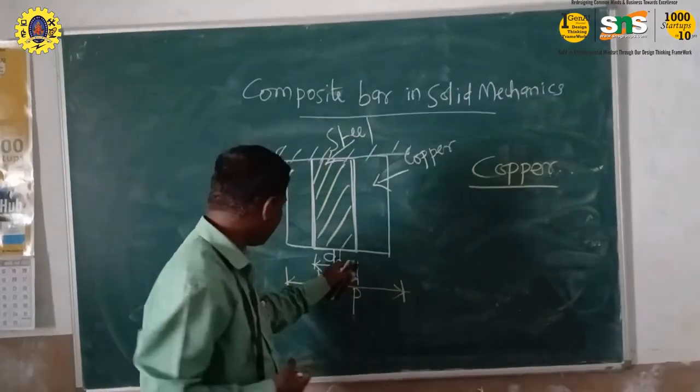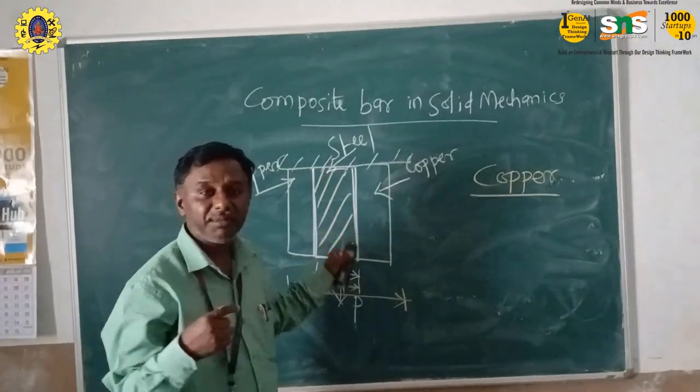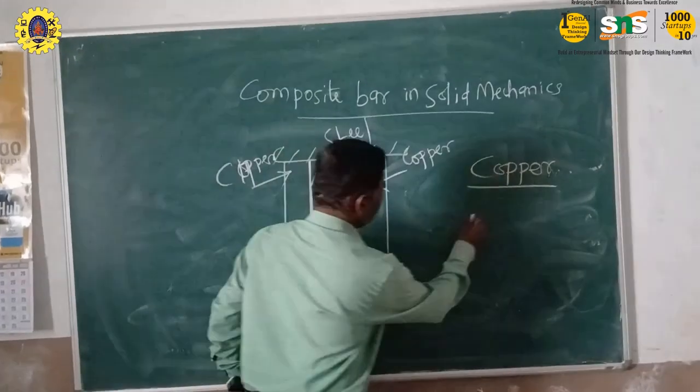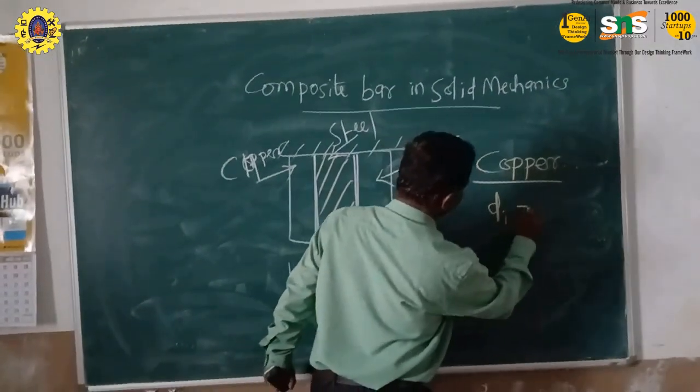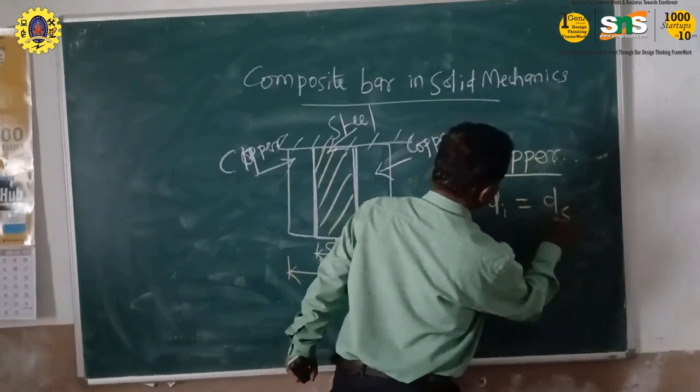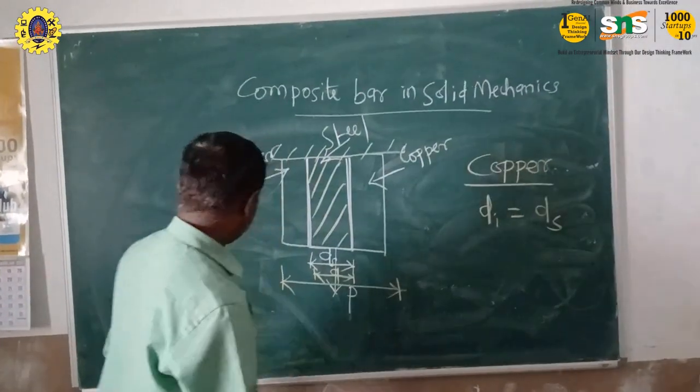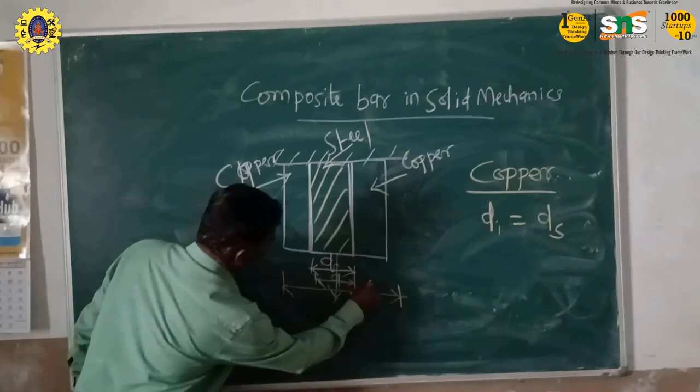So the inner diameter of the copper is equal to the diameter of the steel.